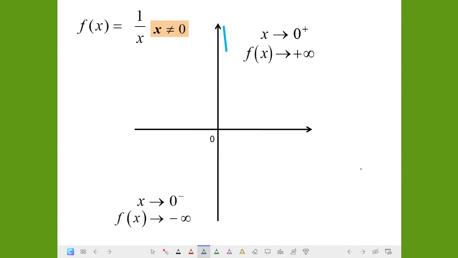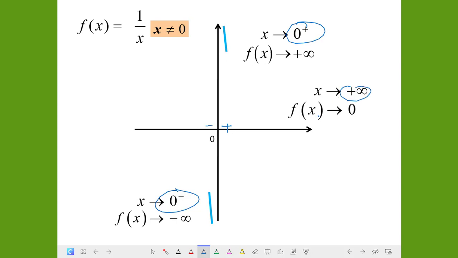For the first case, the vertical asymptote, when x approaches 0 from the right and x approaches 0 from the left, this graph goes up and this graph goes down. And when x tends to infinity, the graph goes to almost 0.